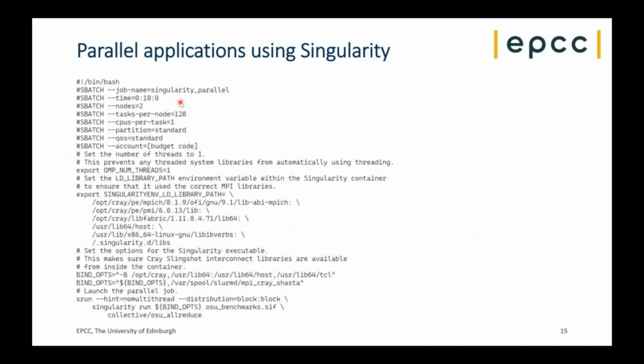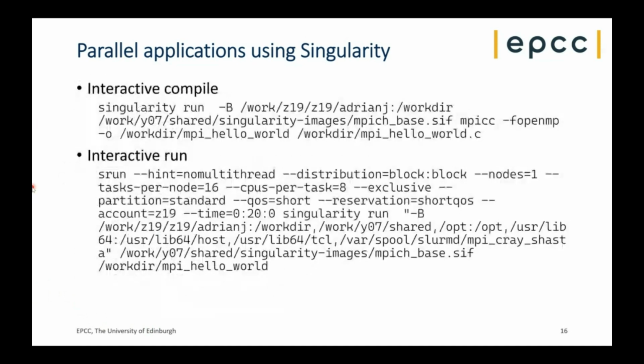Now, again, there's more examples of this on the ARCHER website, and we actually have these pre-built MPI images which you can play around with and have a look at, and we'll maybe do some of that in a practical session. But you may also want to use Singularity to compile applications as well.